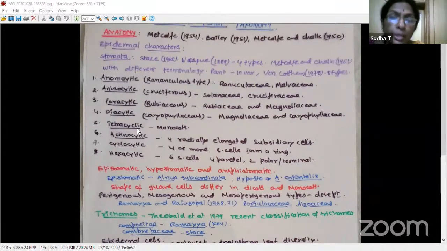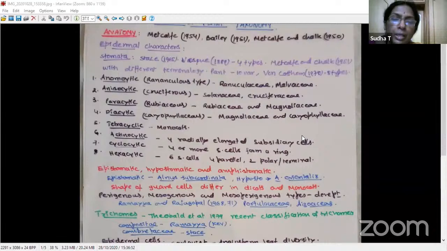More variation is seen in monocot members as far as stomata are concerned. Mainly they are called tetracytic, meaning two diagonal and two parallel, seen in monocots. And actinocytic, with four radially elongated subsidiary cells on all sides, is called actinocytic stomata.